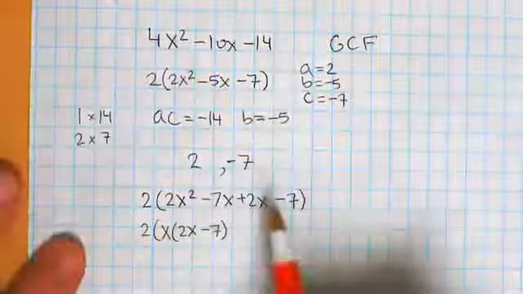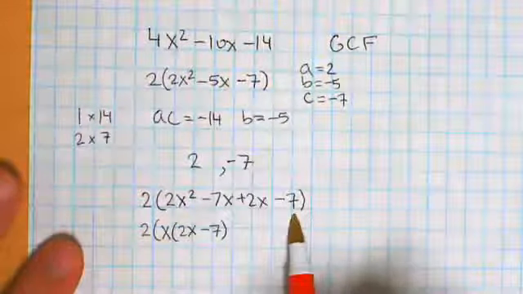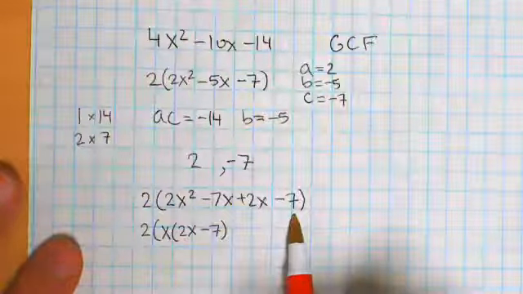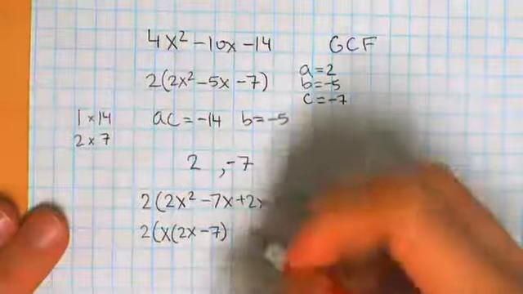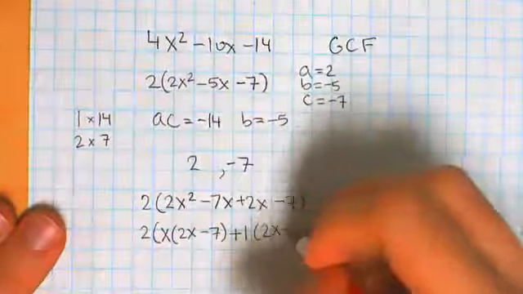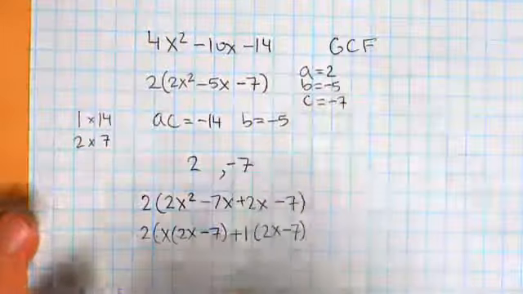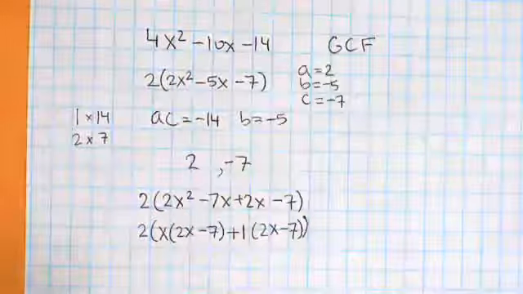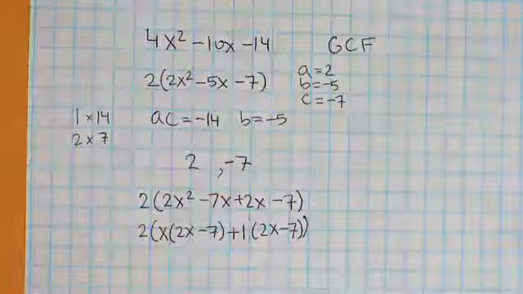And then over here, we have 2x minus 7, and they don't share anything at all either. And if they don't share anything, then the only thing we get to pull out is a 1, because we can't pull anything out of the 2x and the minus 7. We don't have x's on the 7, and 2 and 7, like I said before, are prime.